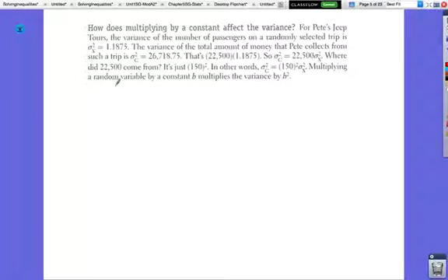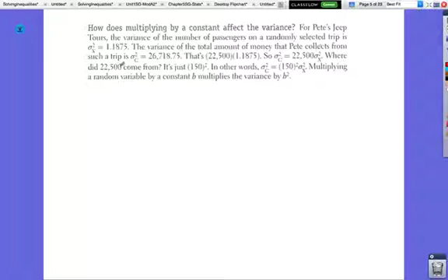Basically, what we would have to do is say 22,500 times 1.1875. So the variance of the money collected is 22,500 times the variance of the passengers.